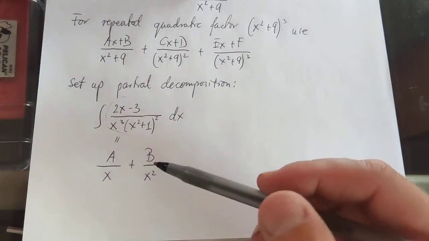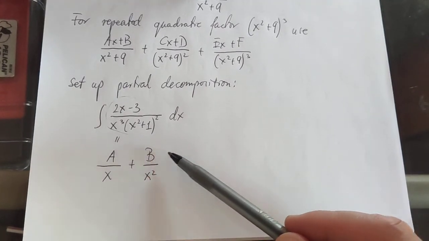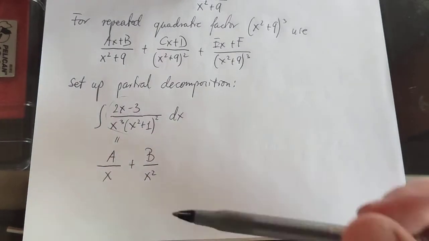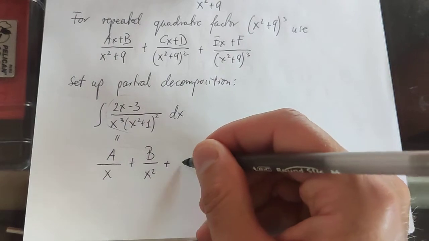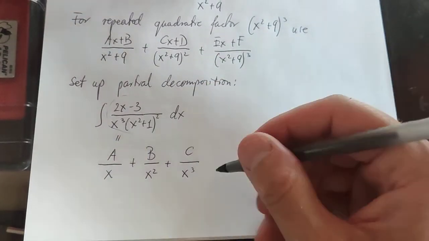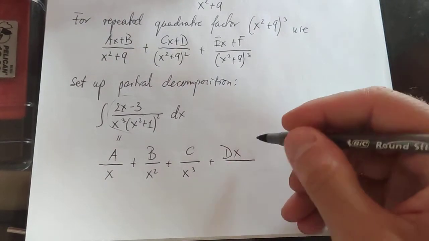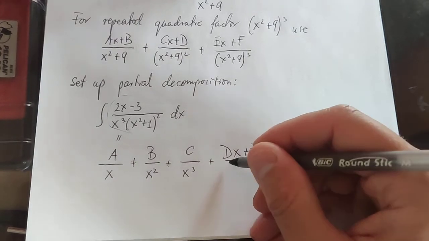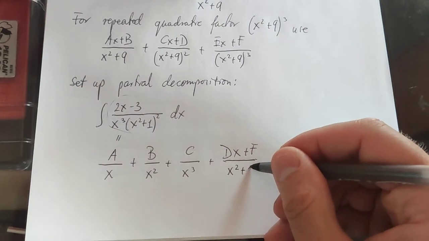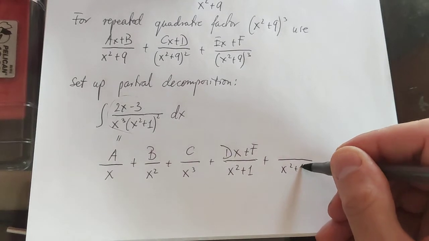I don't need linear factors here, I just need constants, because even though this is x squared, I can still decompose it into x times x, plus C over x cubed. And now I need to deal with this one. So I'll have Dx plus, I hope I'm not going to run out of letters. I'll have just one of those, and then I will need two of those.